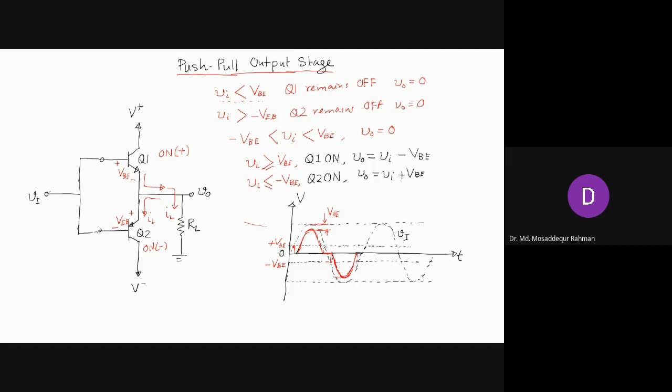So again, this gap between V0 and Vi will always be equal to VBE. And then it remains zero until Vi reaches VBE, when Q1 turns on and starts conducting.